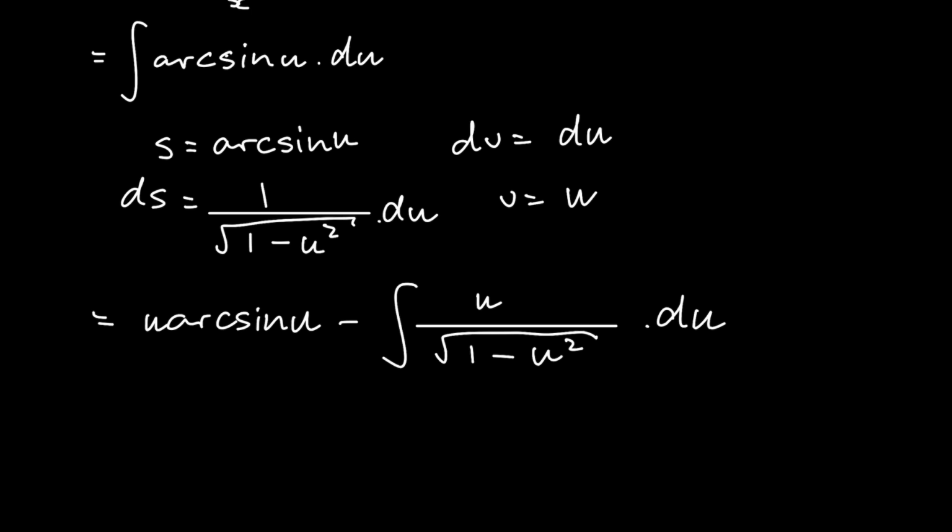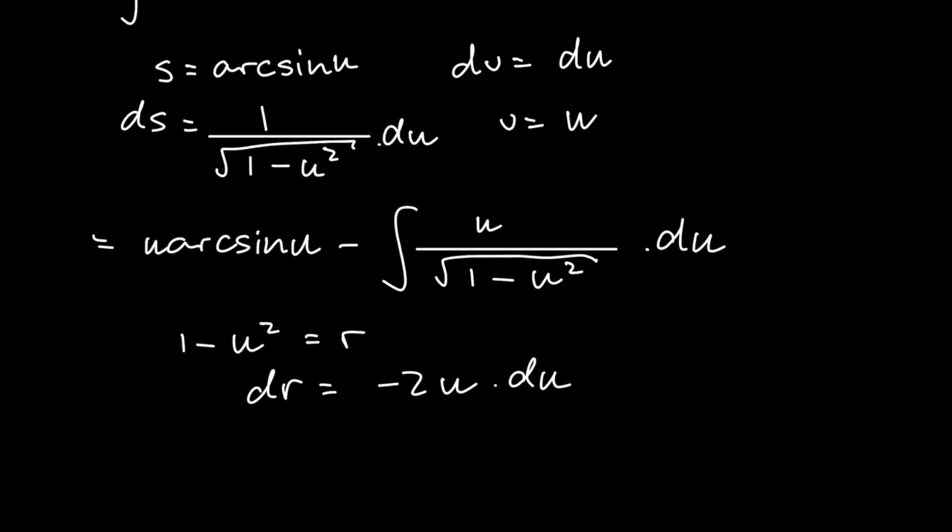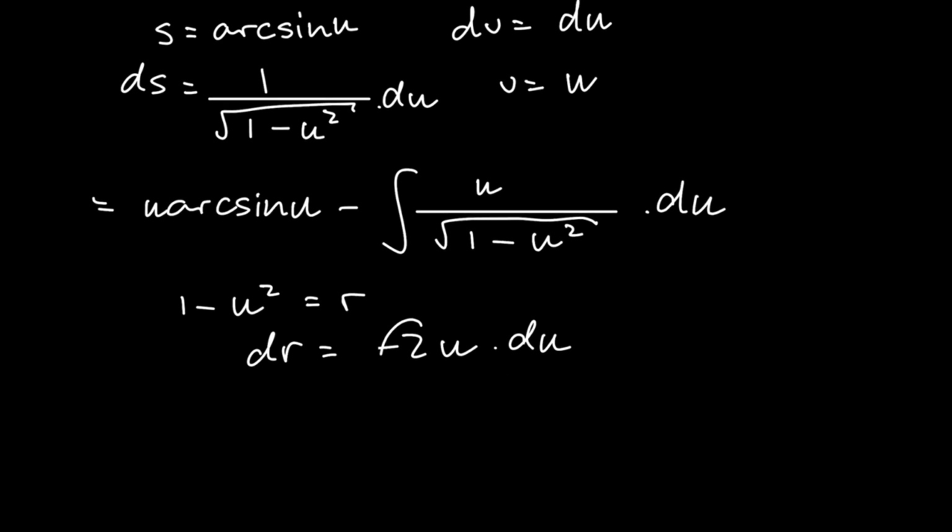So let's say 1 minus u squared is equal to r. Therefore, dr is equal to negative 2u du. Then we can take this negative 2 across, because we're going to be substituting in for u du. So we have negative 1 over 2 dr is equal to u du.